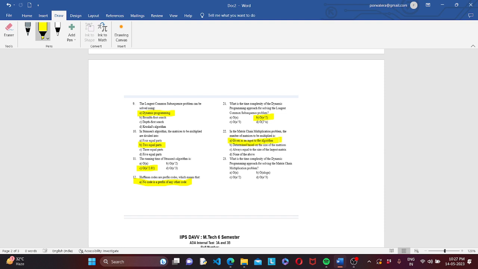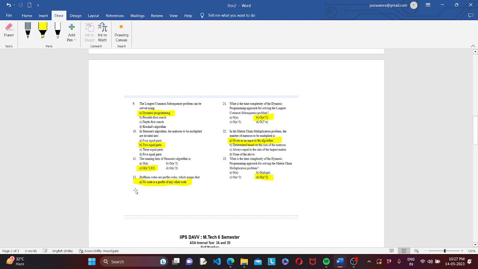So option A. Now 23, what is the time complexity of the dynamic programming approach for solving the matrix chain multiplication? The answer is O of n to the power 3, which is option D.